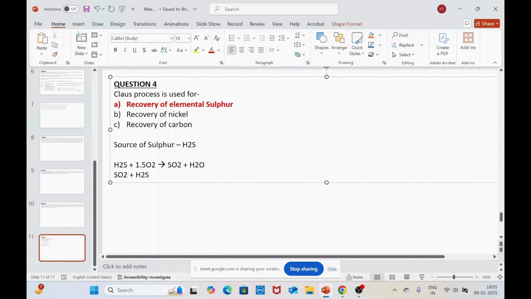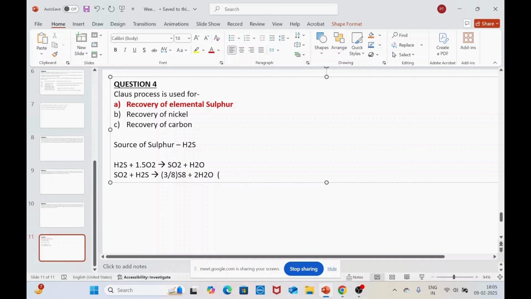So that SO2 which gets produced, if it reacts with this excess or unreacted H2S, you will get the following. So this is the reaction.